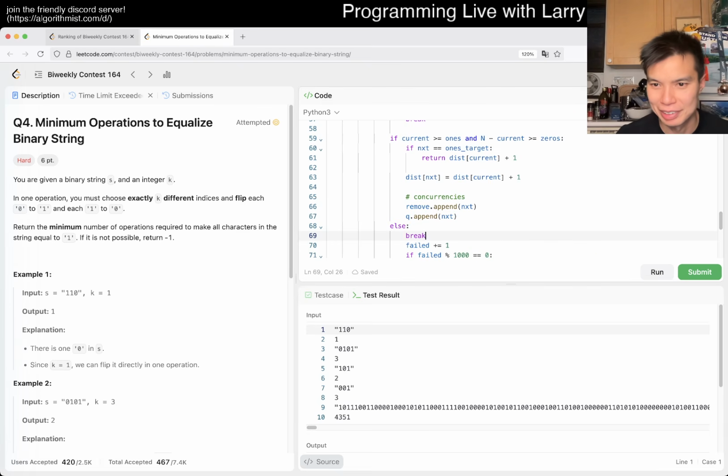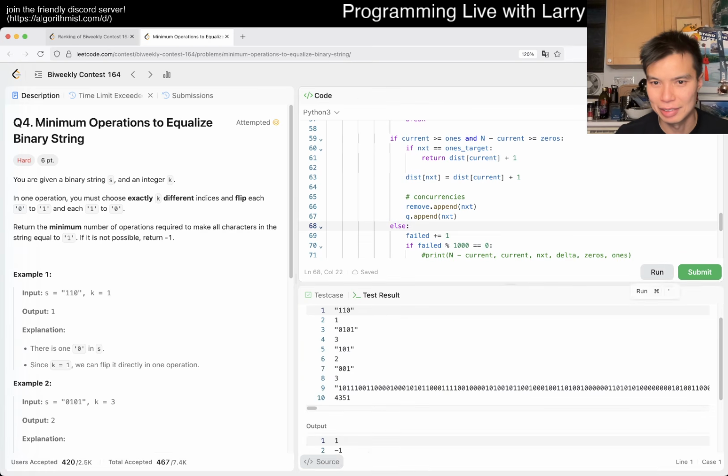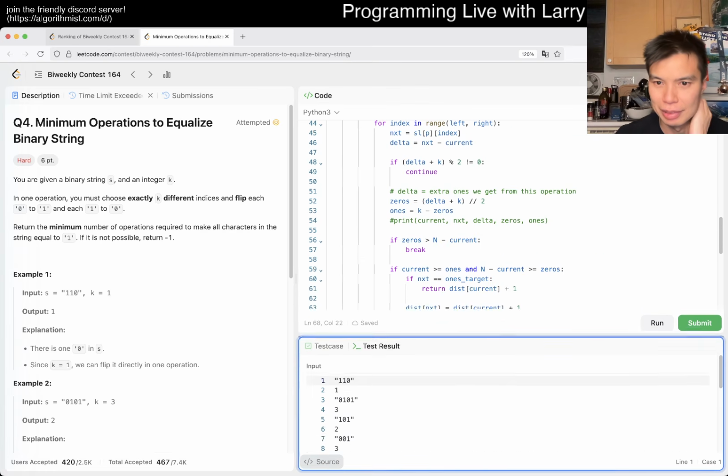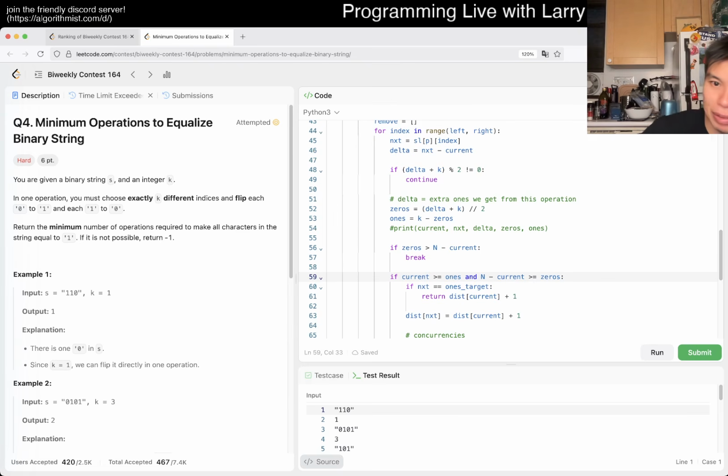What if I just break here? Would that also work? No, because you do need to. Because this part gains steam, so we have to actually gain from it. Okay, so if the number of ones is greater than ones, then what are the ones that are impossible that we can remove from the index?